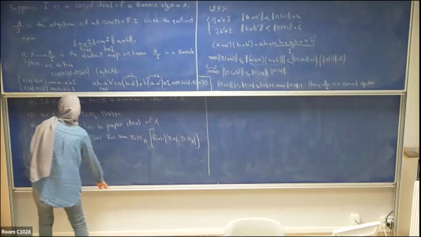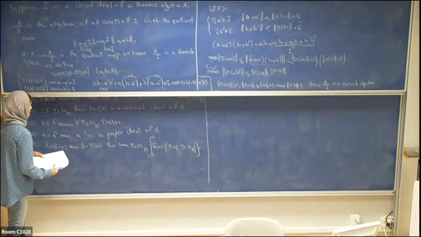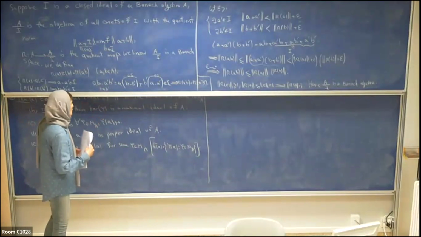Okay, for the first part, it shows that each maximal ideal is the kernel of some homomorphism.